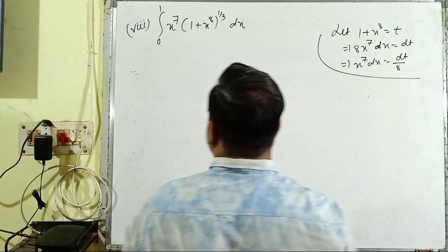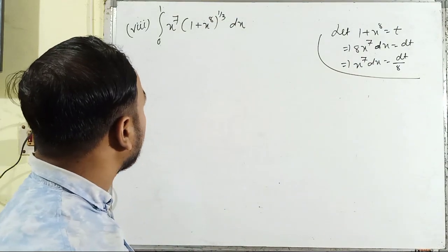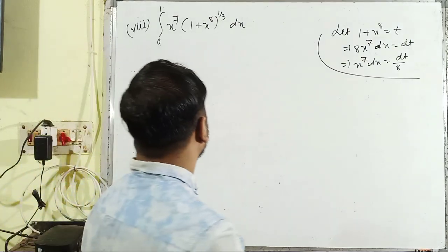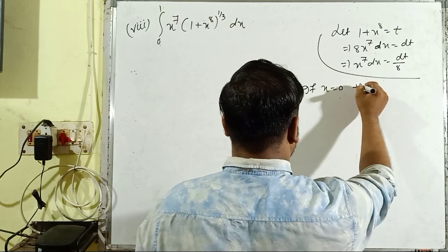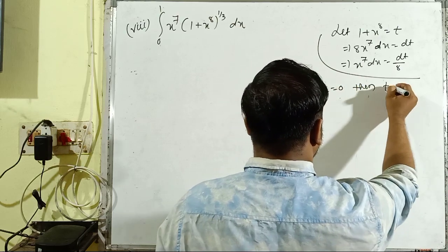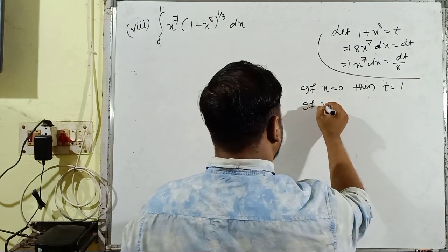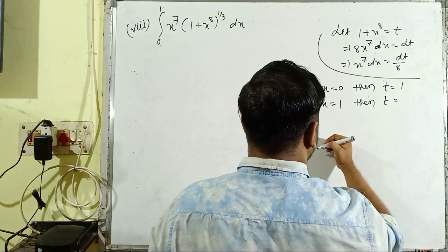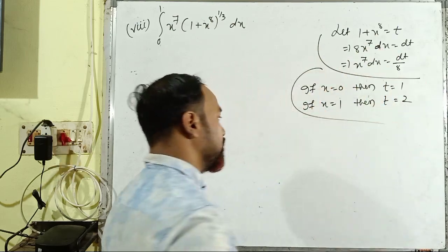Then after this substitution, as it is a definite integral, we have to substitute the lower limit and then the upper limit. If x is equal to 0, then t is equal to 1. If x is equal to 1, then t is equal to 2.